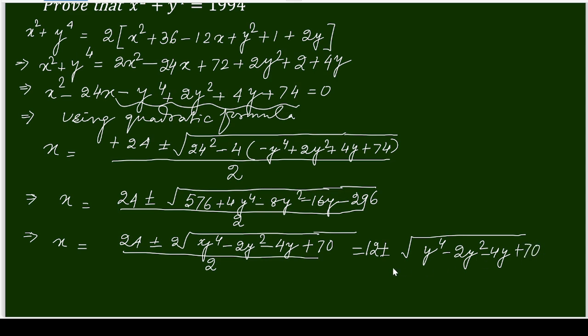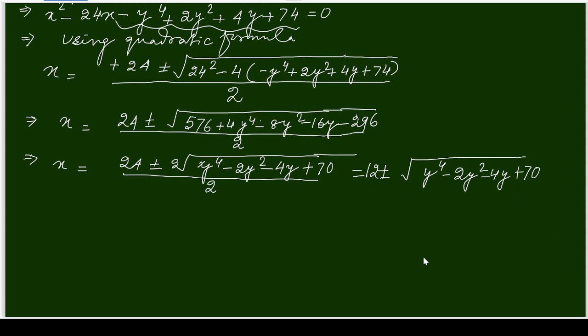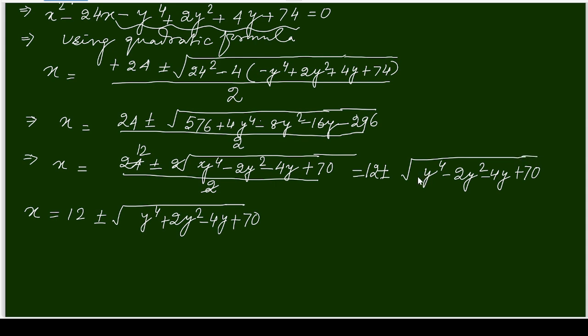There is no denominator here, cancelled, taking 2 common. So this should be a perfect square: y to the power 4 minus 2y squared minus 4y plus 70 is a perfect square.